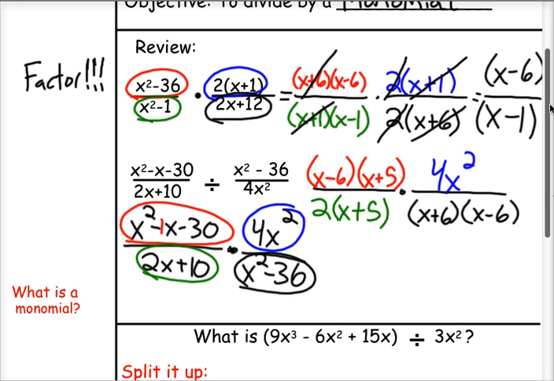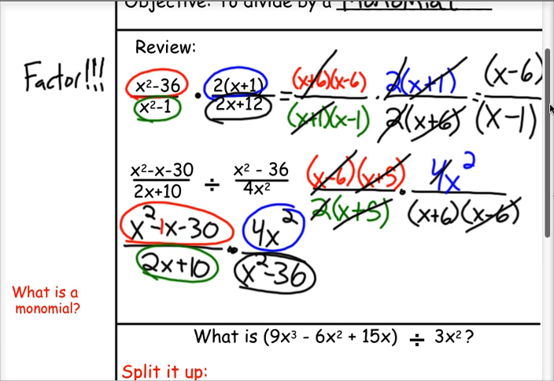So once I have everything fully factored, now I start looking for what can I cancel. X minus 6, x minus 6 cancels out. X plus 5 cancels out. 2 and 4.